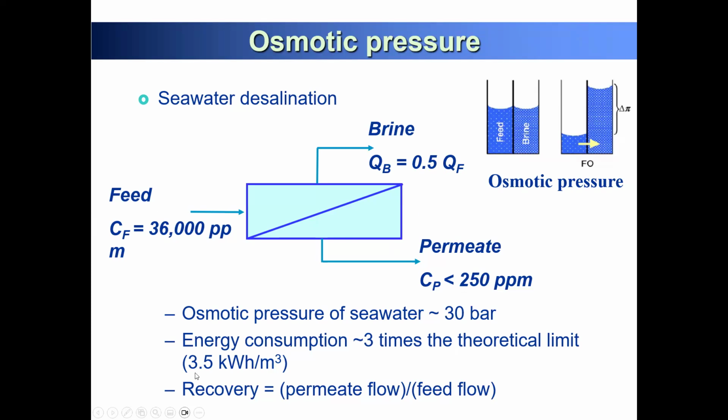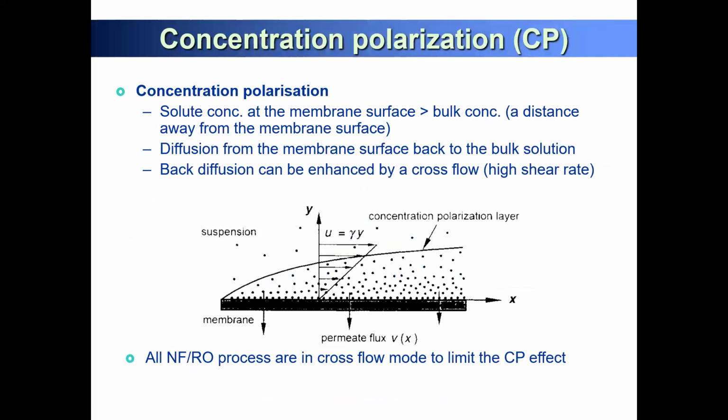This is around 3.5 kilowatt-hours per cubic meter of energy consumption, theoretically calculated, and it's very small, 3 times lower. But from a practical point of view, our membrane is not perfect, and then we also have some other problem, concentration polarization.